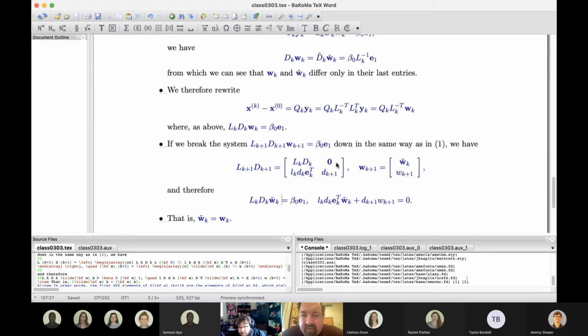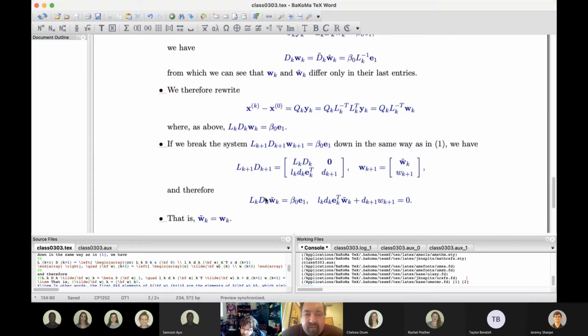And then I have this times WK tilde plus DK plus 1 WK plus 1, which is the last element of the right-hand side, which is 0. Now, I don't really know what this vector is. I'm just referring to the first k components of WK plus 1.